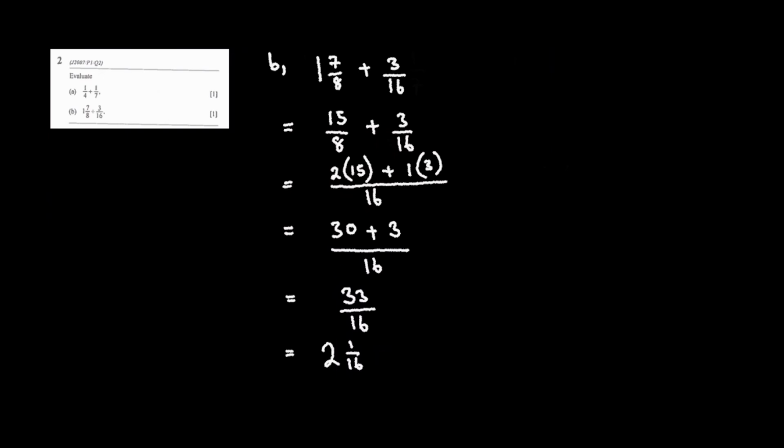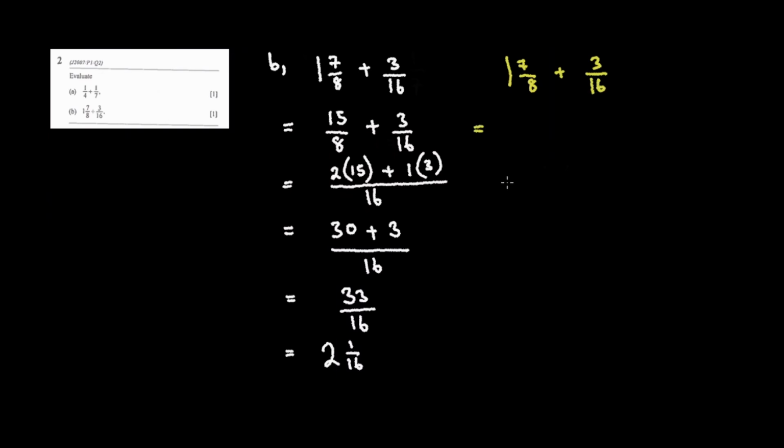Let us go about this in a different way. The reason why I use different methods is simply because I am teaching students who have different abilities. So you have to pick your poison. You have to choose a method which works best for you. Now our second method is going to be, we have 1 and 7 over 8 plus 3 over 16.